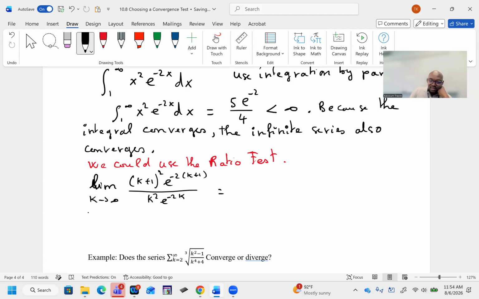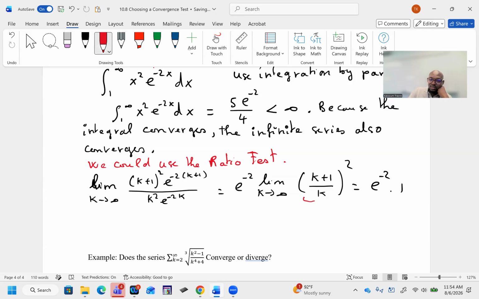If you simplify, you will get e to the power of negative 2 times the limit of (k plus 1) squared divided by k squared as k approaches infinity, which is e to the power of negative 2 times 1, because this limit is 1, right?